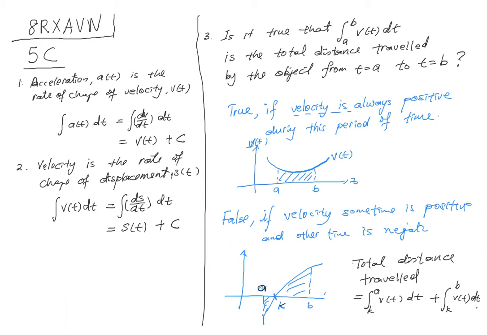These are called open-ended questions. You say it's true, you give me your condition. You say it's false, you give me the situation. That means you have full understanding of that. Clear?